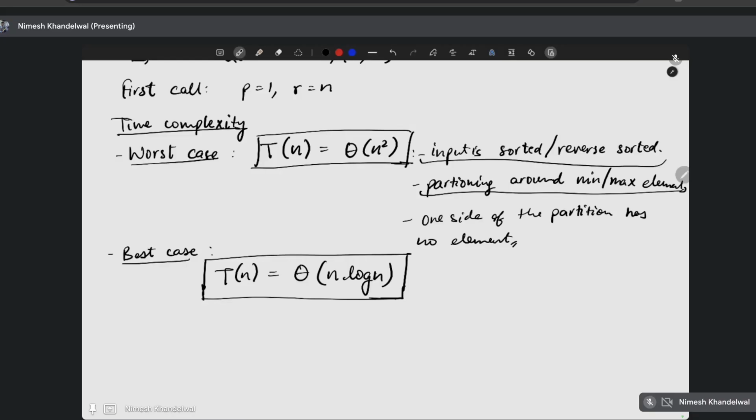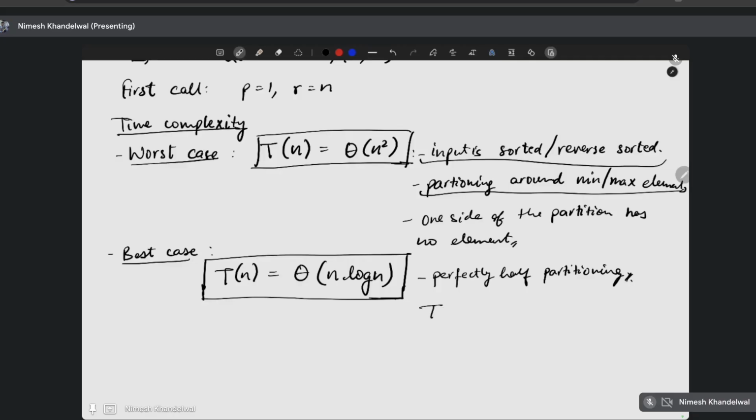This happens when we have perfectly half partitioning, like 50-50 partitioning.